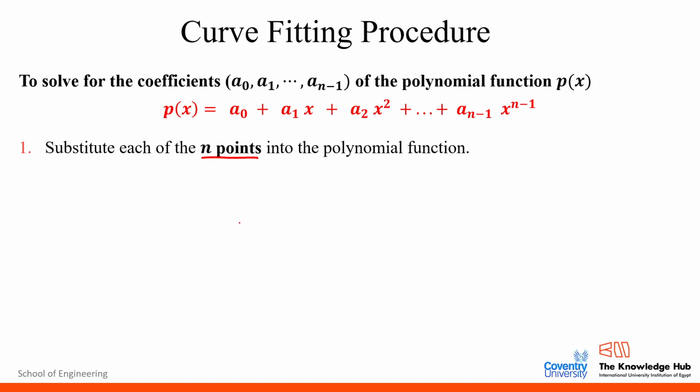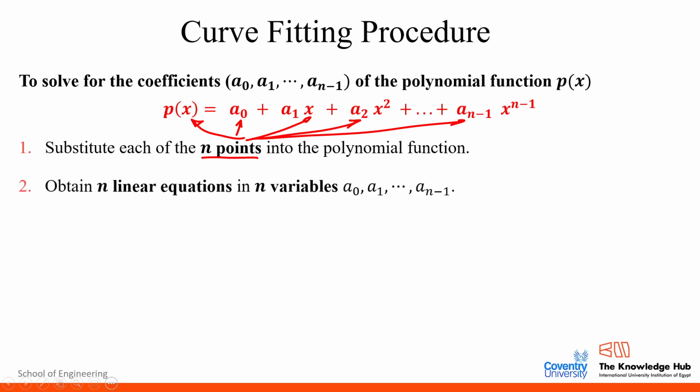So I'm going to substitute the n points here in each term, and then obtain n linear equations in n variables. Those are the required unknowns. You can write down here unknowns.